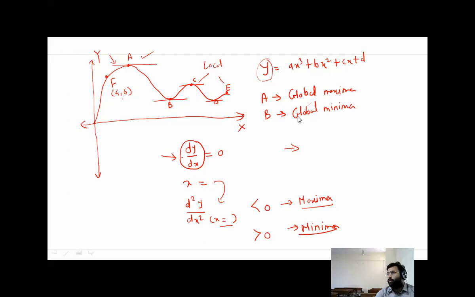Then another term is global minima. So whatever the lowest point is. In the graph it is actually D, but I have taken B. So the lowest point will be the global minima.